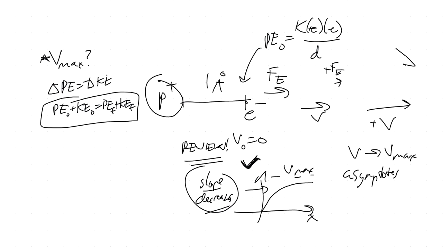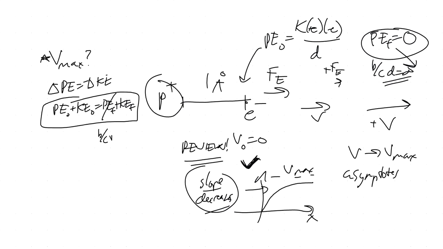Well, remember at infinity, potential energy goes to 0 because D is infinity, or R is infinity. Because you divide by infinity, you get 0. So potential energy final is 0, because R goes to infinity, or D. I'm switching variables because it doesn't matter. And hopefully you realize it doesn't, meaning I can call this R or D and I get the same answer.